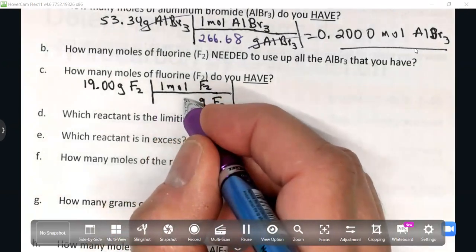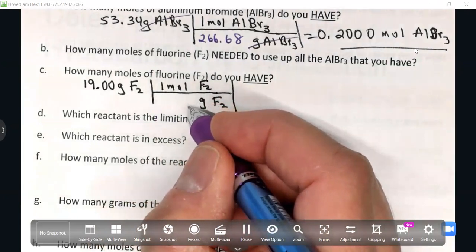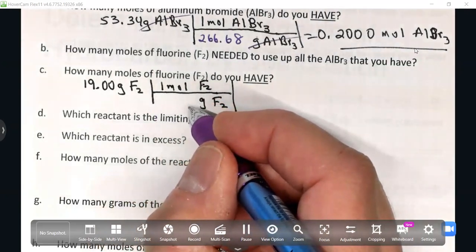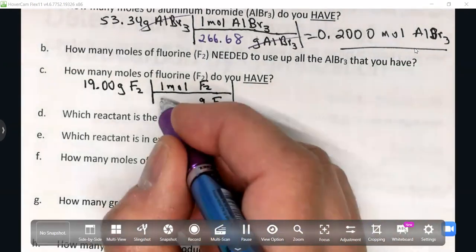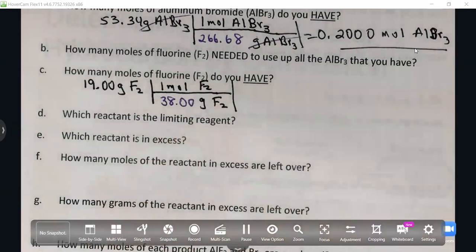Okay, 18.99, double that, 37.98, that rounds to 38.00, yes? 38.00. Ooh, so that makes my numbers nice.